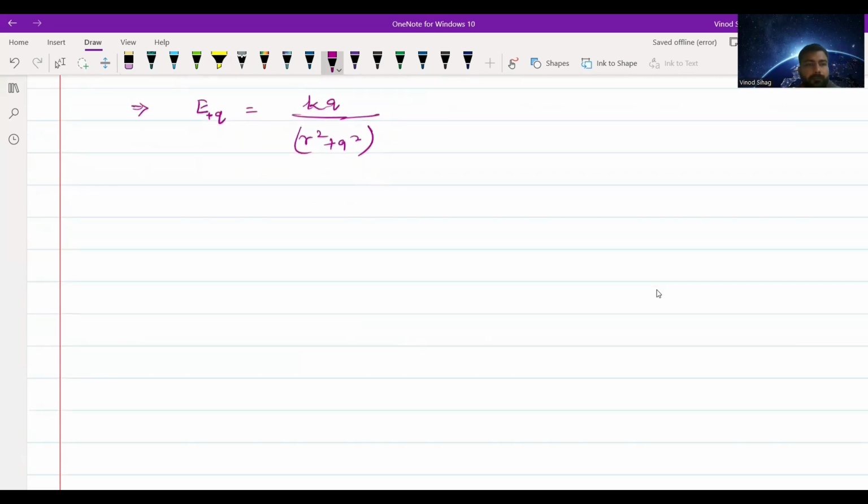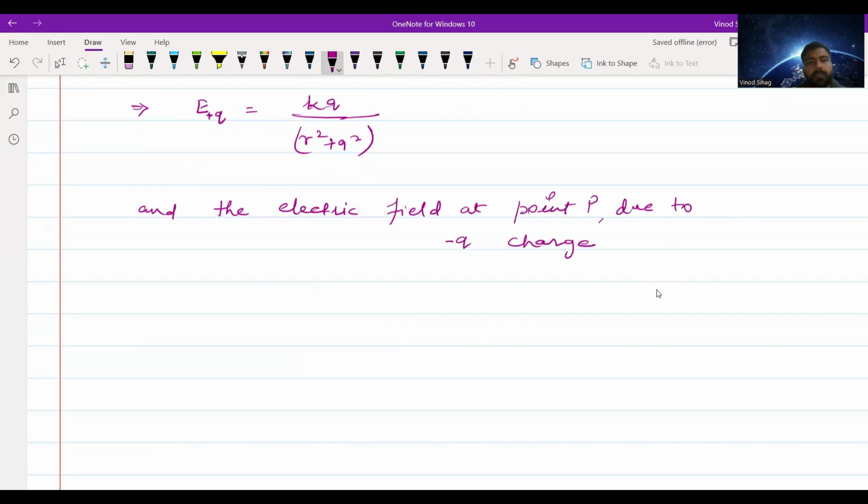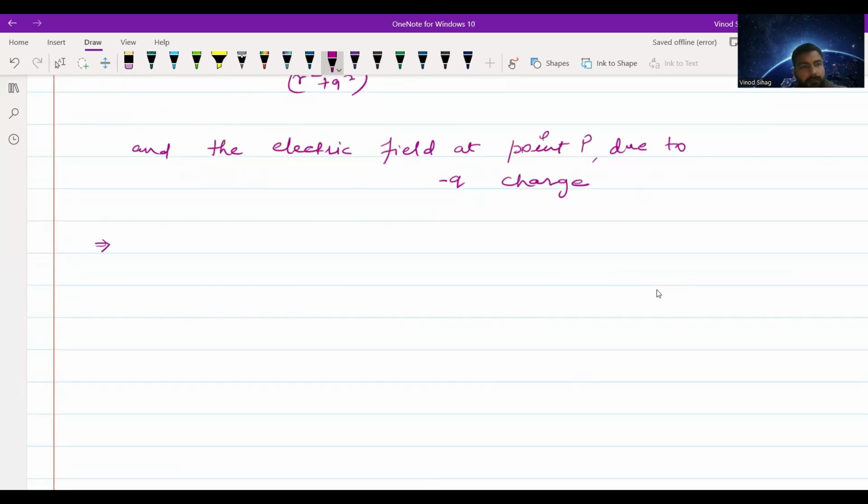and the electric field at point P due to negative charge कितना होगा? It will be also the similar thing. Be careful, I am writing the magnitude only, I am not taking the direction, so that's why their magnitude will be equal, kq upon r square plus a square.